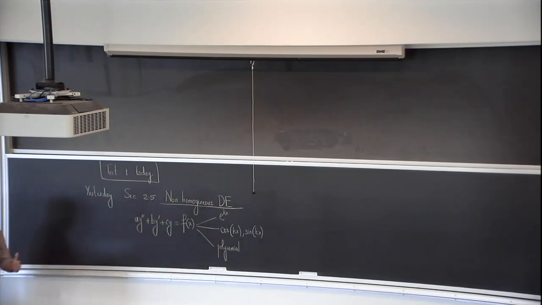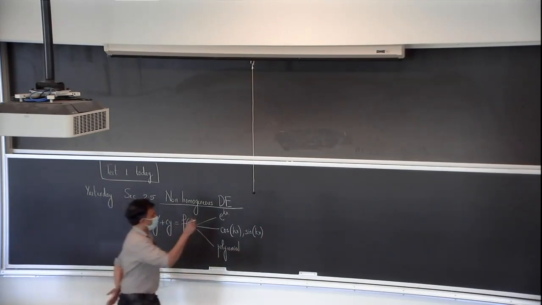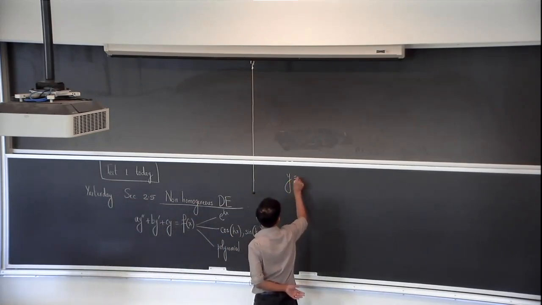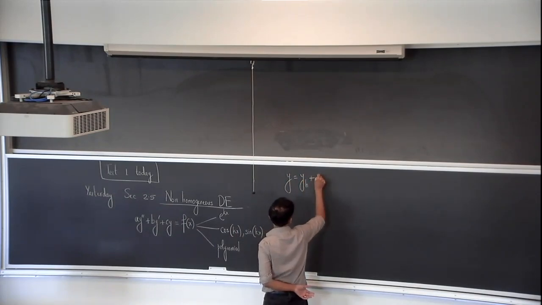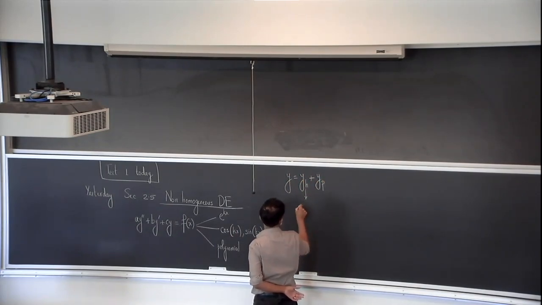And in all three cases, the idea here is to get the general solution, which is the superposition of the homogeneous and the particular solutions. Okay. This is from section 2.3.